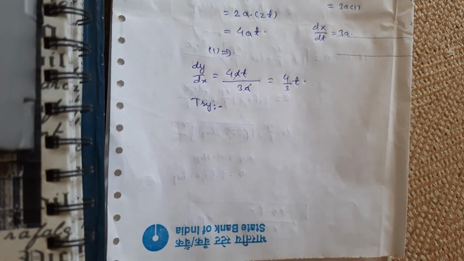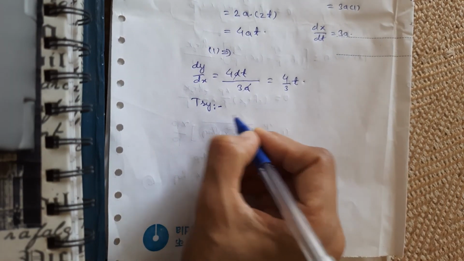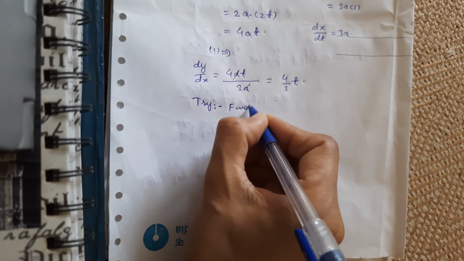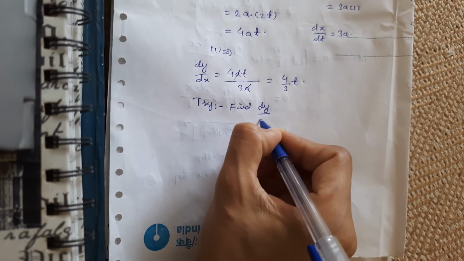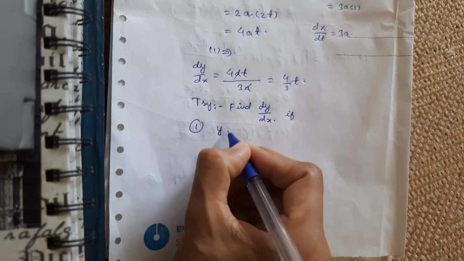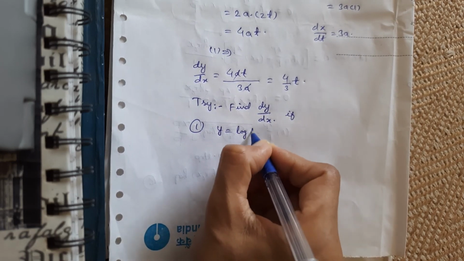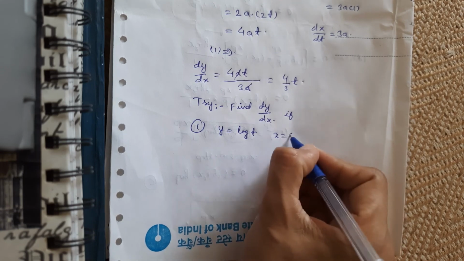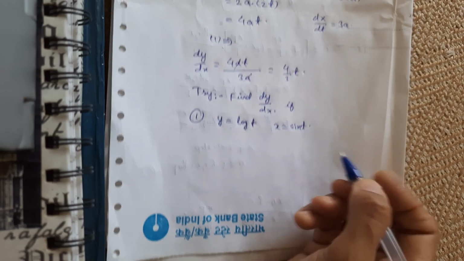Just use the formula. So find dy by dx if, the first one, y equals log of t, x equals sin of t.